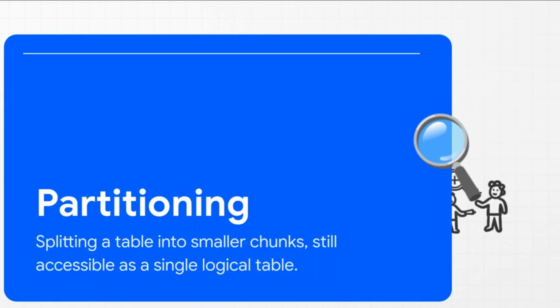So what exactly is partitioning anyway? It's the process of taking one massive table and splitting it into these smaller pieces. And here's the really cool part. Your application has no idea. It still sees and talks to it like it's one single table. The database engine does all the heavy lifting behind the scenes.